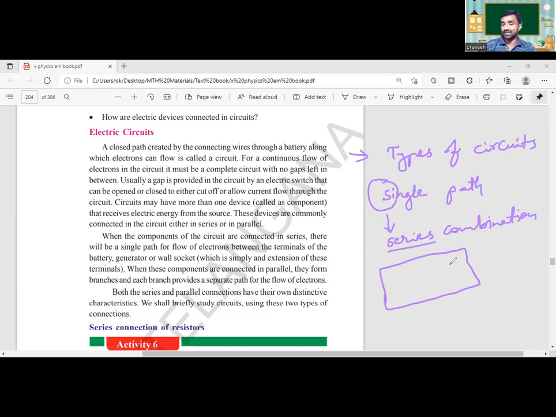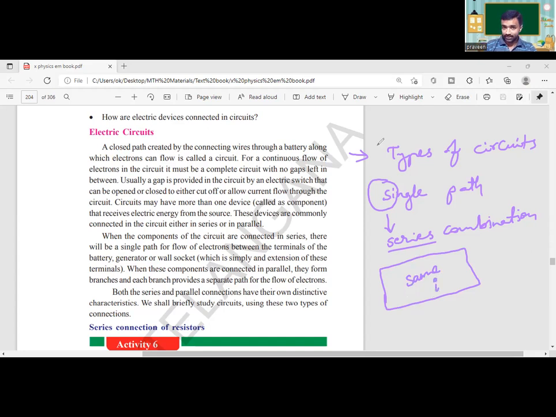This is called series combination. In this, the same amount of current will pass through all the components, right?